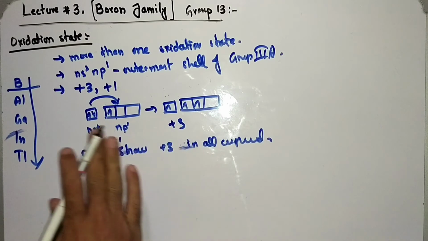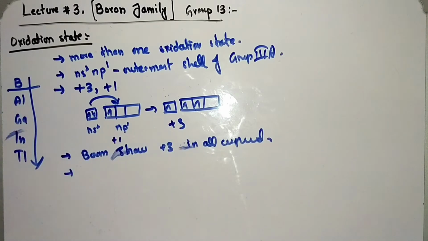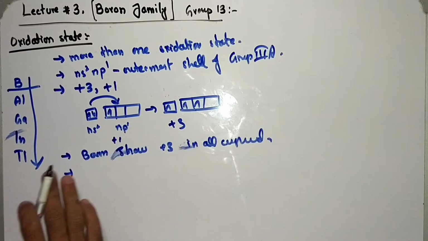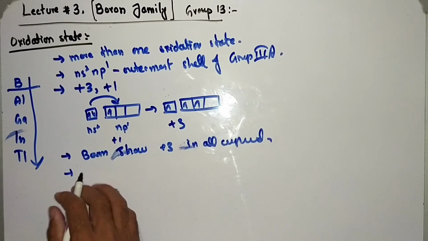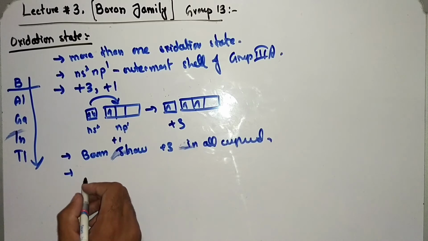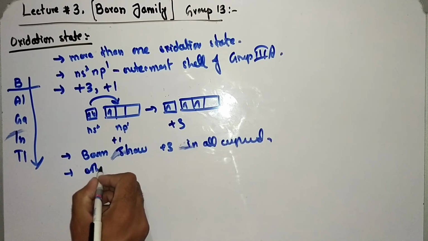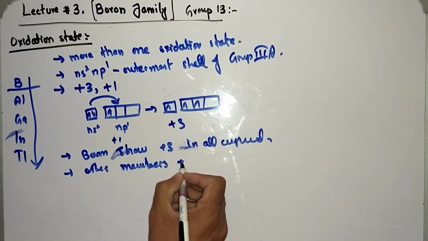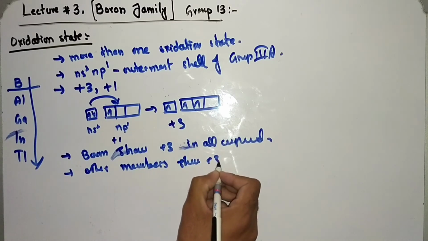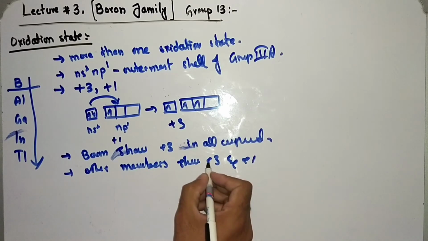In all compounds it has the +3 oxidation state. Other than boron, both +1 and +3 oxidation states are possible. Other members show +3 and +1 oxidation states.